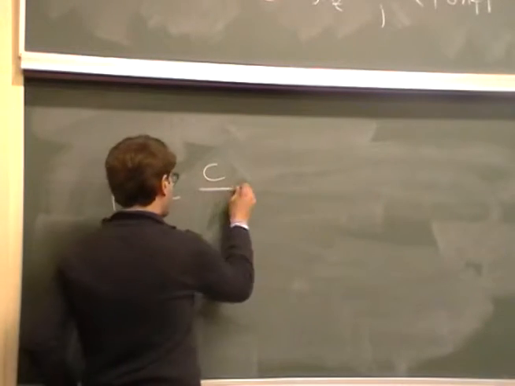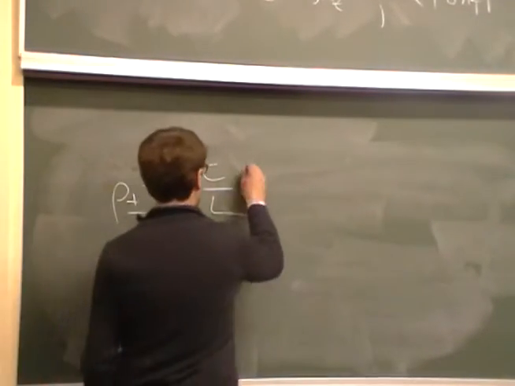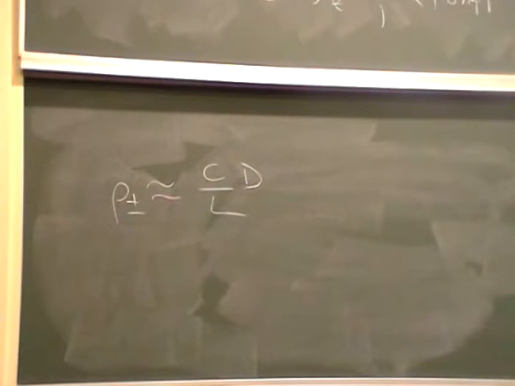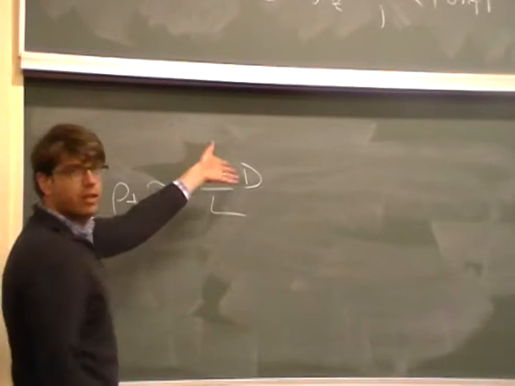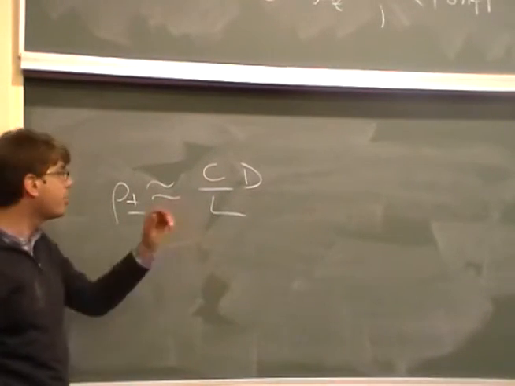And so that's going to be something like C over L. Maybe there's a factor of D there to make it appropriate dimensions. And so my system has a certain concentration based on how much space is filled with polymers and the number density.